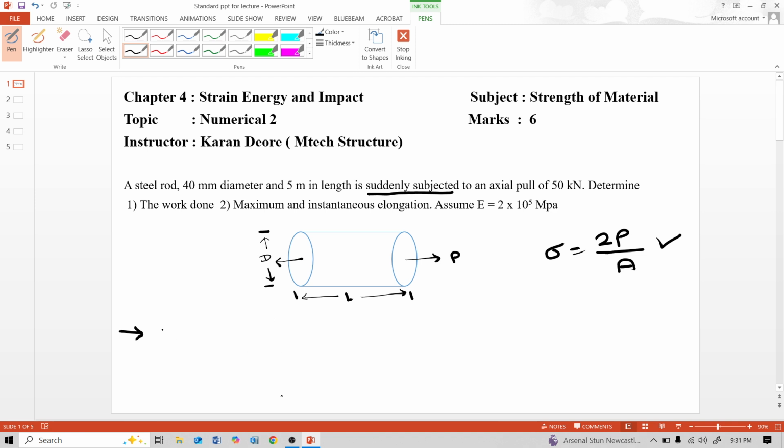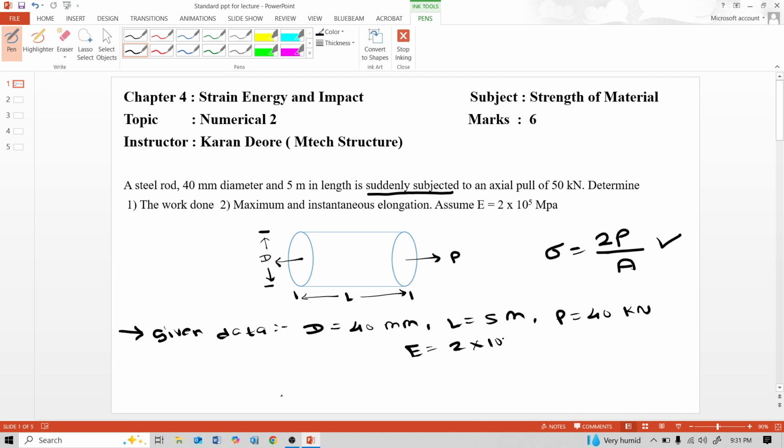So first write the given data. Diameter denoted as capital D is equal to 40, length is 5 meter, and axial pull denoted as P is 40 kilonewton, and E, modulus of elasticity, is 2 into 10 raised to 5 MPa.